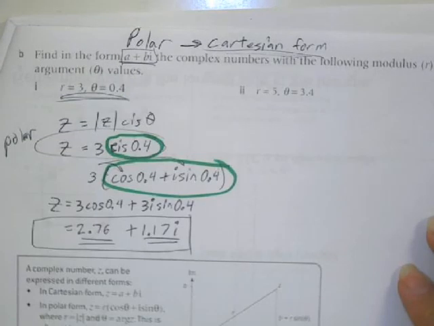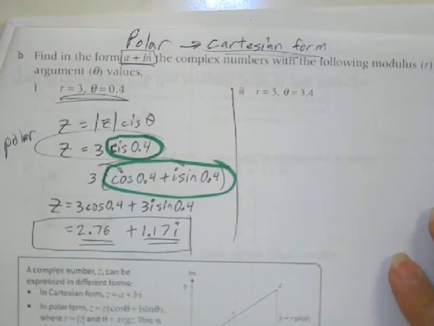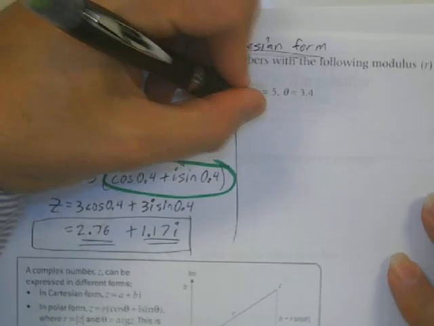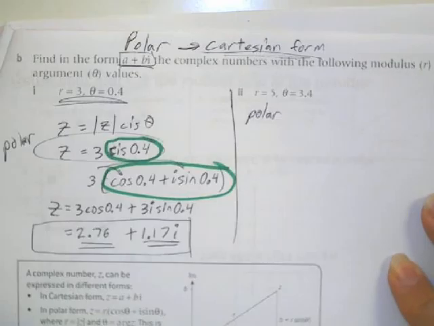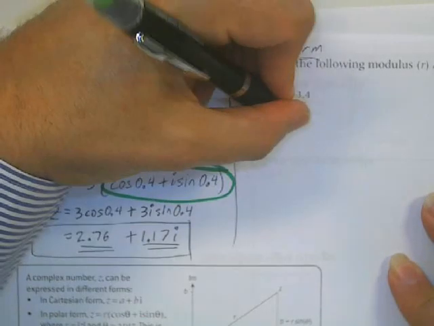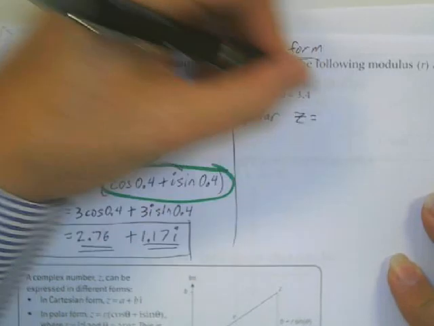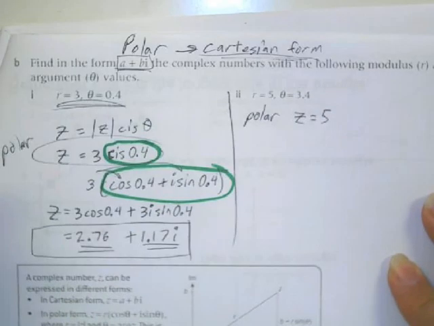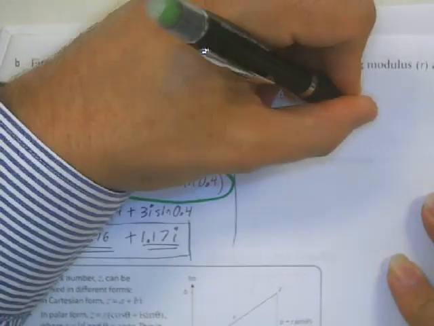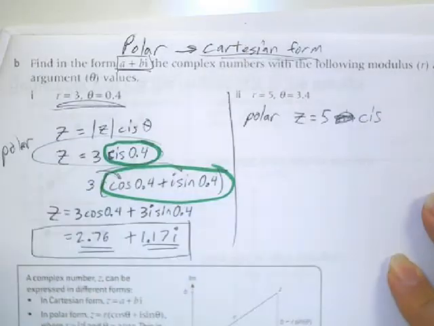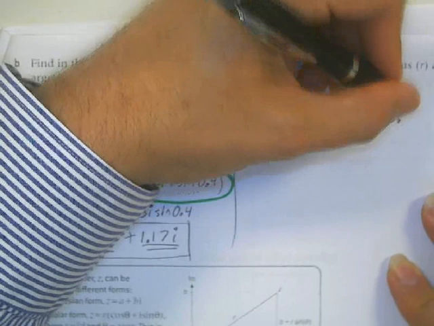Let's do one more example. Okay, so the polar form that they've given us is z equals, my modulus is 5, and cis 3.4.